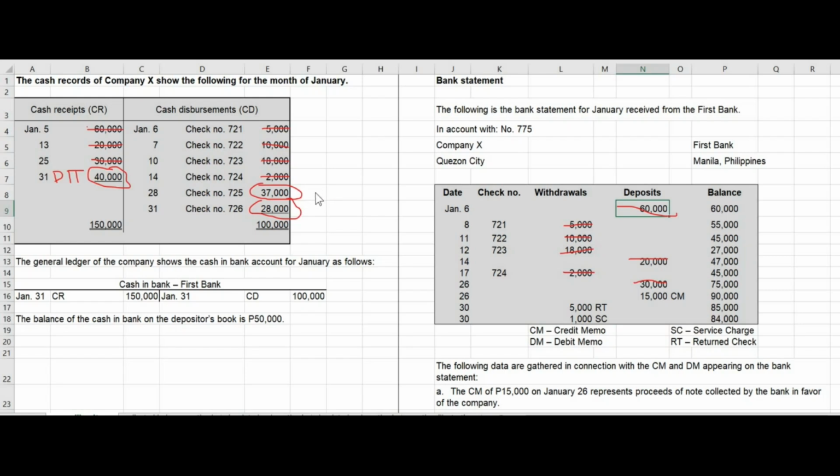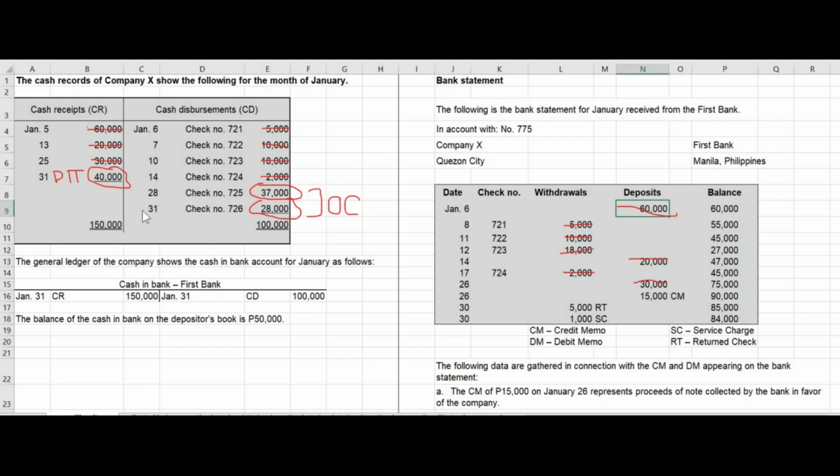So, anong klaseng reconciling items? Itong dalawang to, these are considered as outstanding checks, no, or OC. Mga outstanding checks sila, which are mga bank reconciling items.